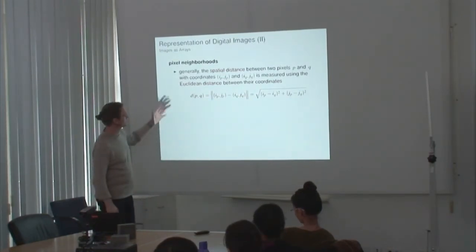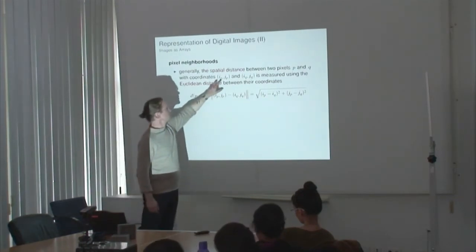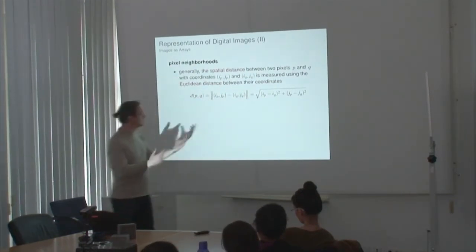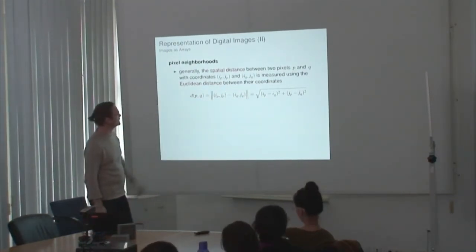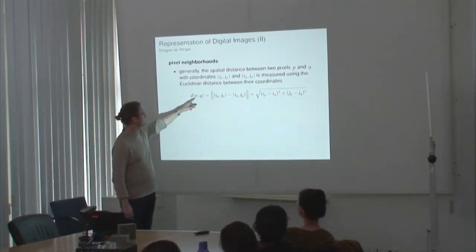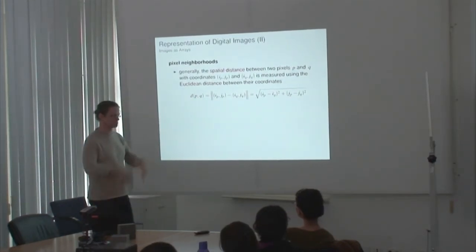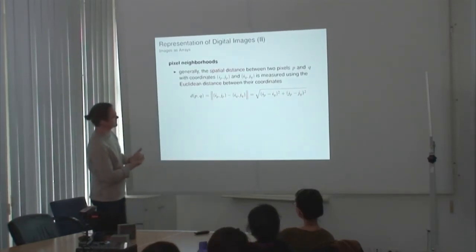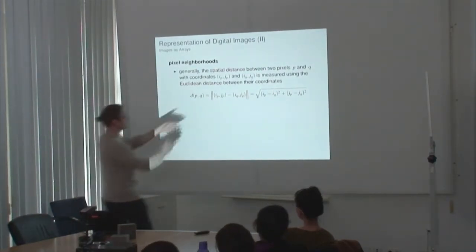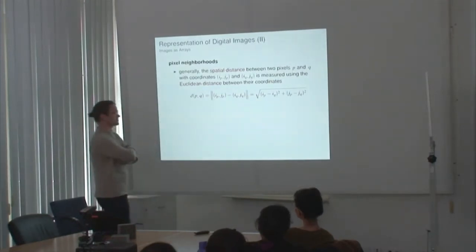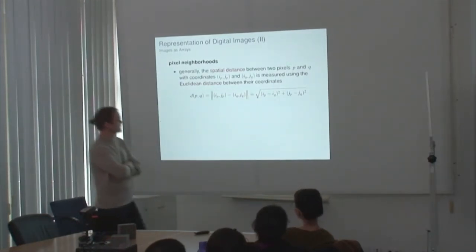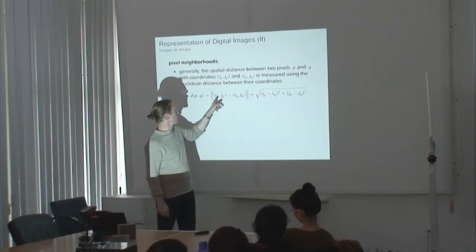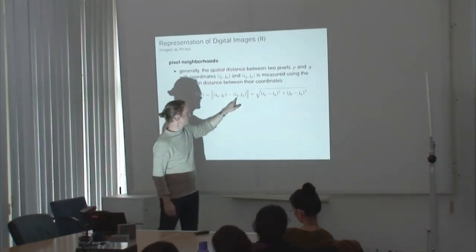Right? And of course, let's think about these tuples as 2-dimensional vectors, and then we know that the Euclidean distance between 2 such elements is basically the norm of the difference of their coordinates. This is basically i_P minus i_Q.